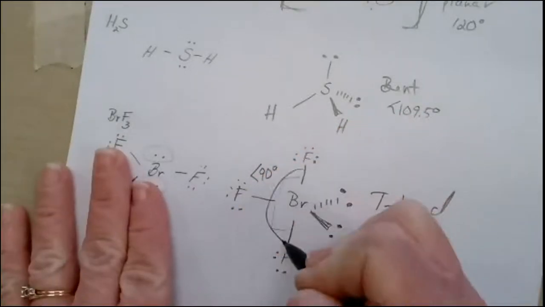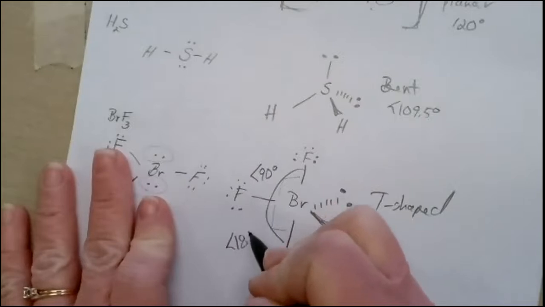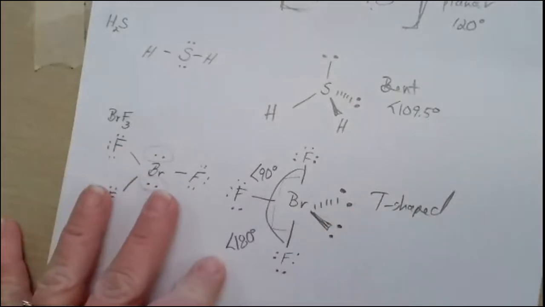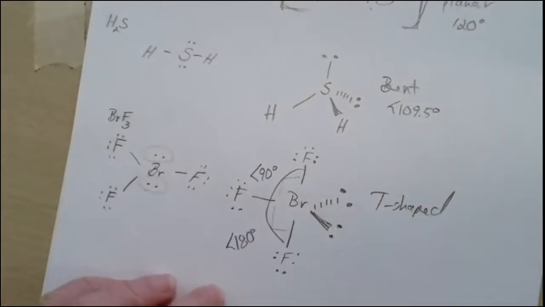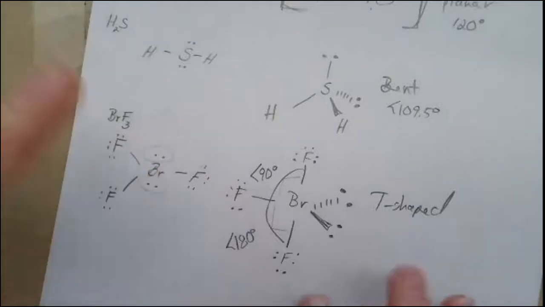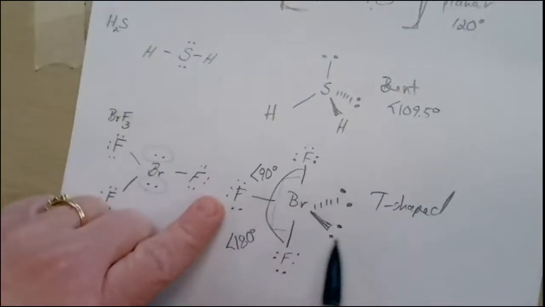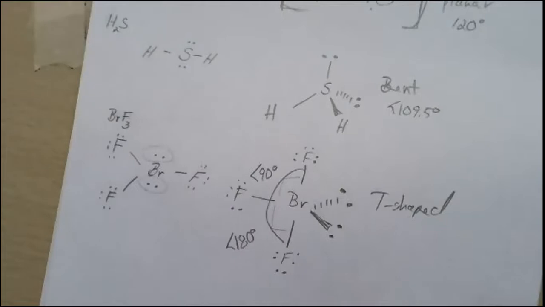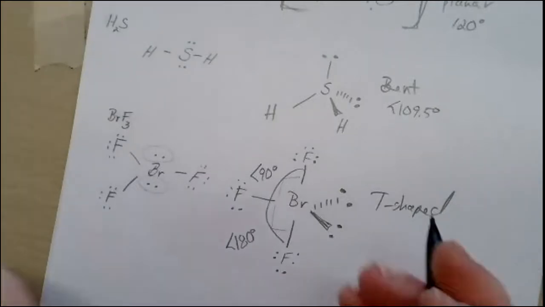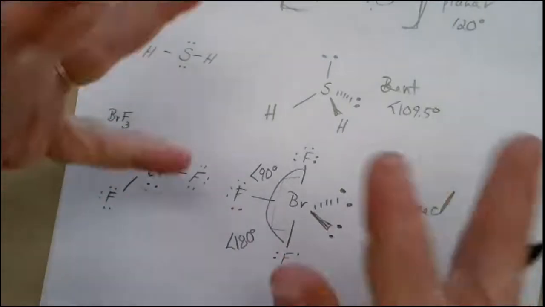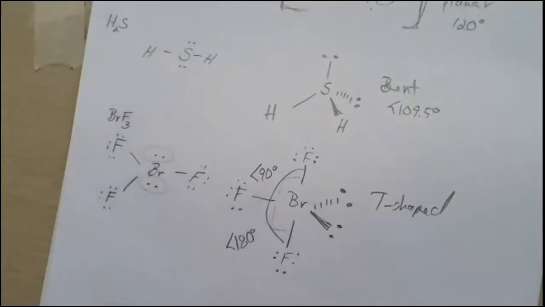And so this might be a little less than 180, just ever so slightly. If you went ahead and said less than 120, that would be okay, but we're usually not including lone pairs in a bond angle because they're just bonded to the center, really, or owned by the center.